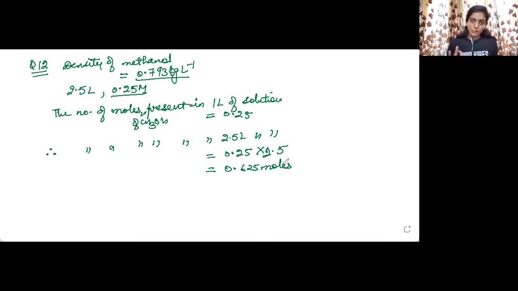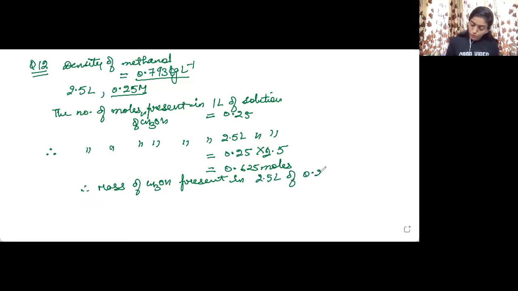Now that we have the moles, we can convert them into mass. So the mass of methanol present in 2.5 liter of 0.25 molar solution will be equal to 0.625 multiplied by 32, where 32 is the molar mass of methanol.